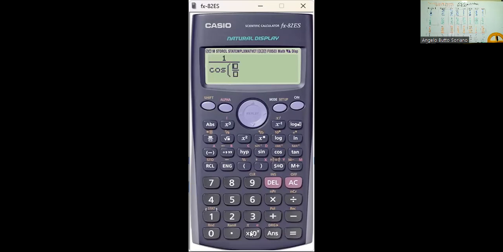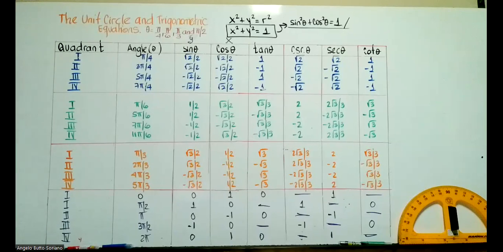The answer for this value is supposed to be a math error, because this is what we call an asymptote. There is no value in the unit circle that represents secant of pi half. Well, you see, math error. That's because there is no value in this trigonometric function.